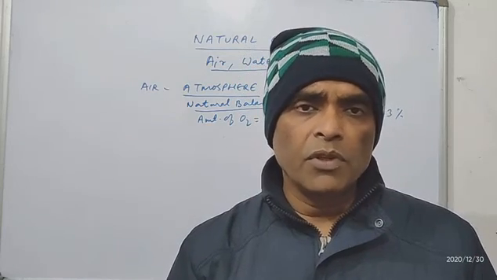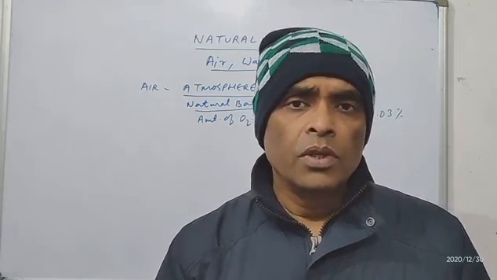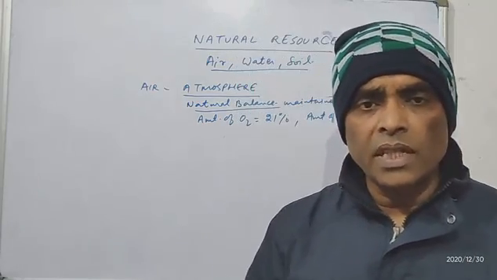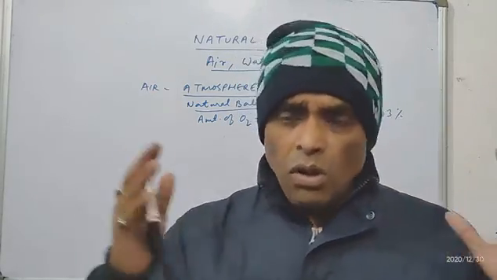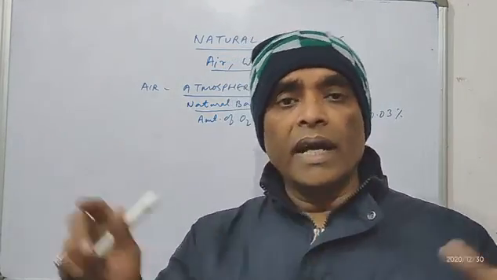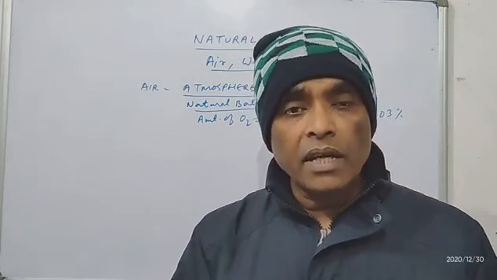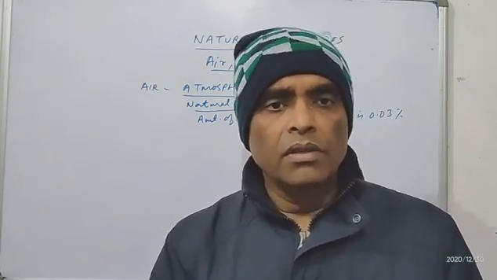Every time you burn anything, you are using oxygen and releasing CO2. So much oxygen is being utilized every second. All the plants, all the animals of this universe, I am not talking only about human beings, all the animals take oxygen and release CO2 every second for breathing and respiration, that you know.